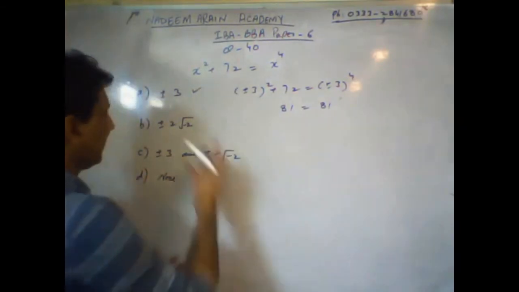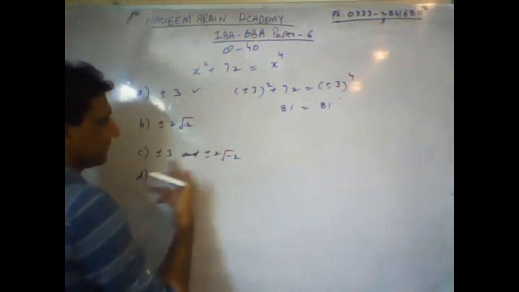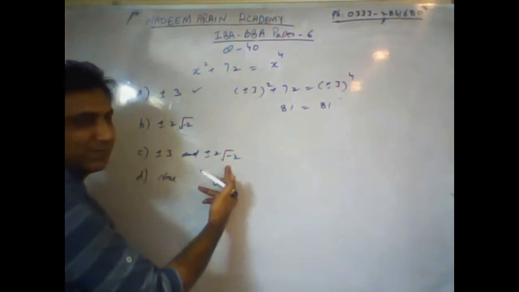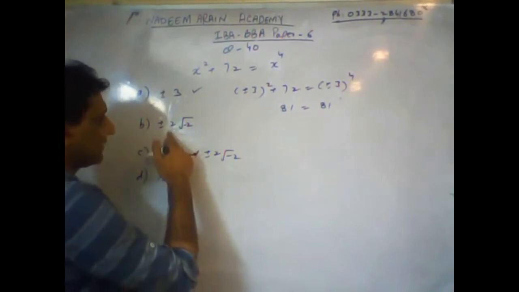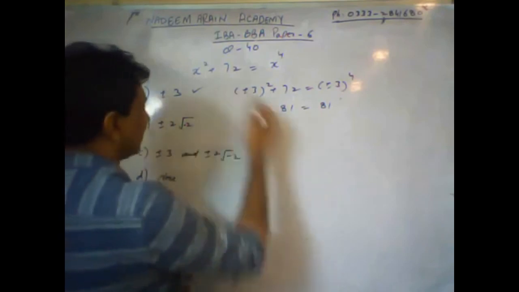But we need to check the second one, because plus minus 3 and plus minus 2 root minus 2 are also given there. So let's see whether plus minus 2 root minus 2 is correct.